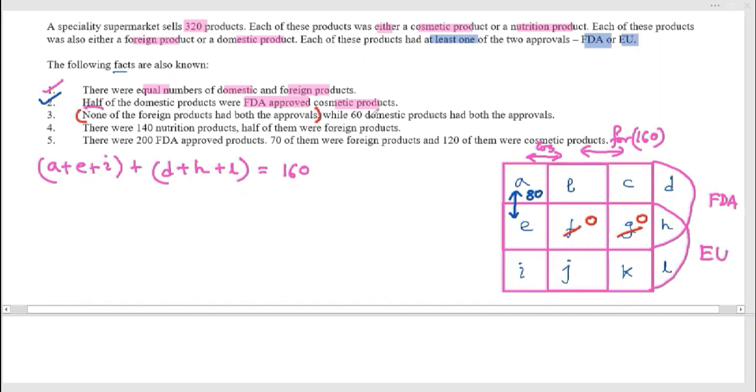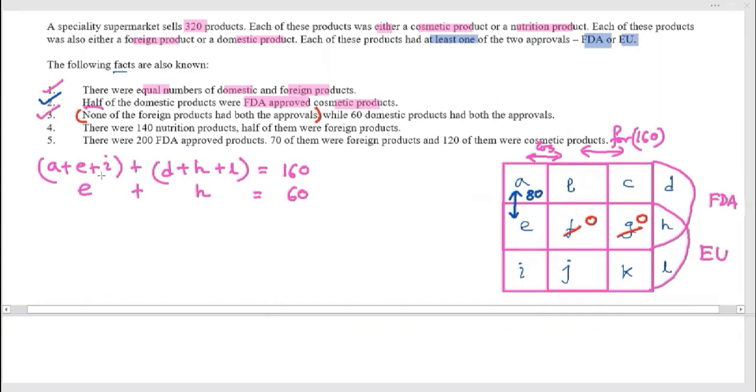Next point: 60 domestic products had both the approval. Domestic products is this, both the approval E and H. So E plus H would be 60. It is our point number 3 taken.